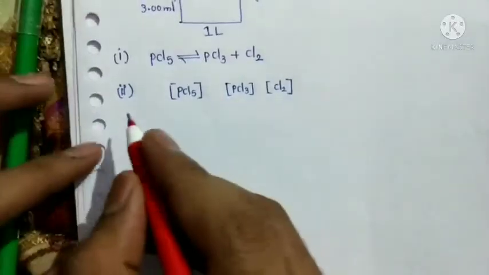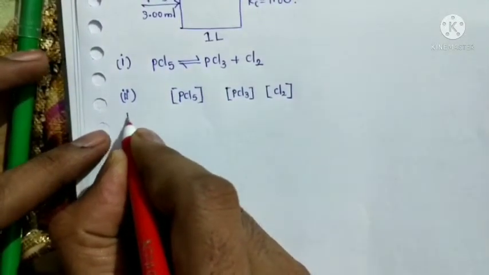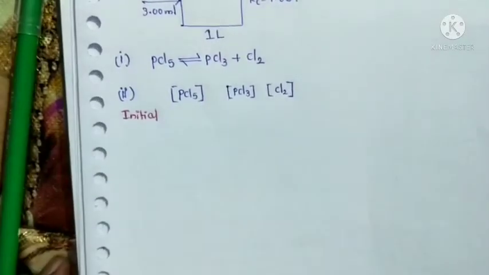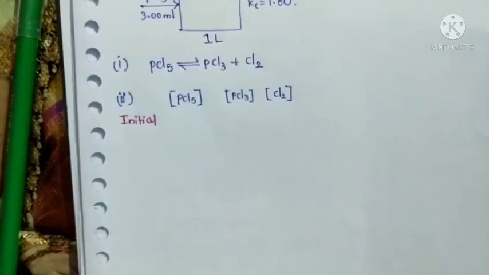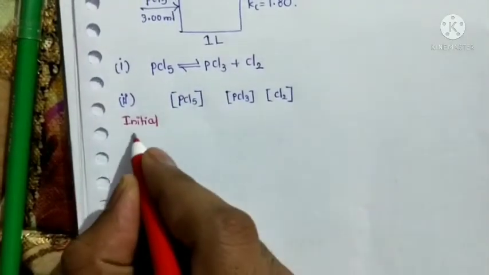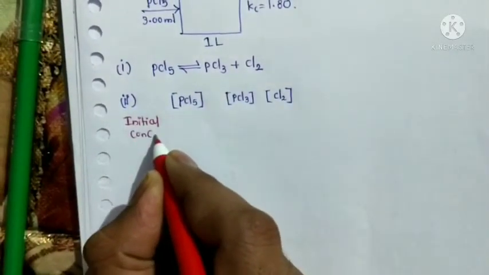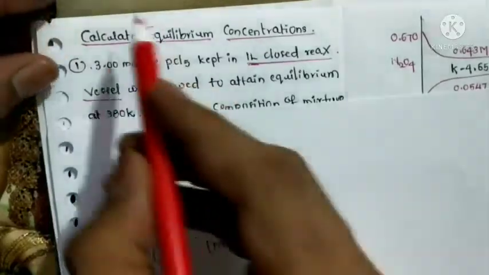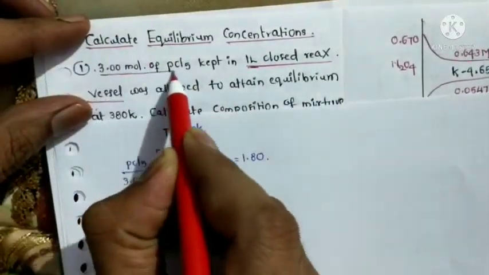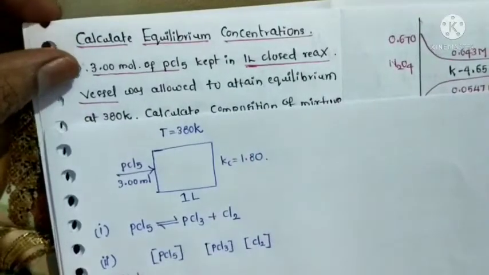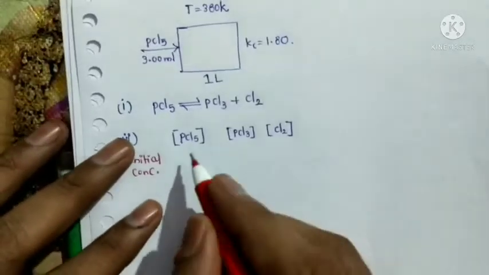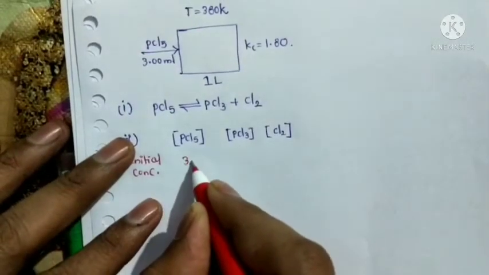First of all, we write the initial concentrations. In this problem, 3 moles of phosphorus pentachloride is the initial concentration.